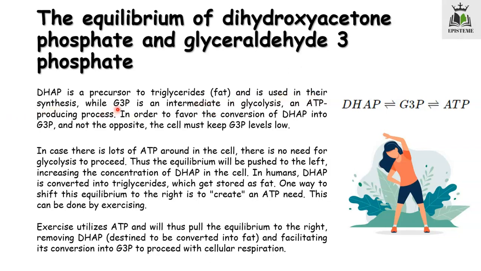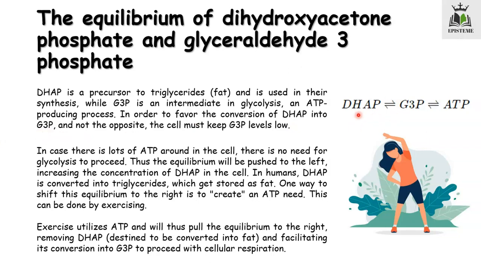And glyceraldehyde 3-phosphate is an intermediate of glycolysis, because in phase 2 this compound will ultimately be converted to pyruvate.